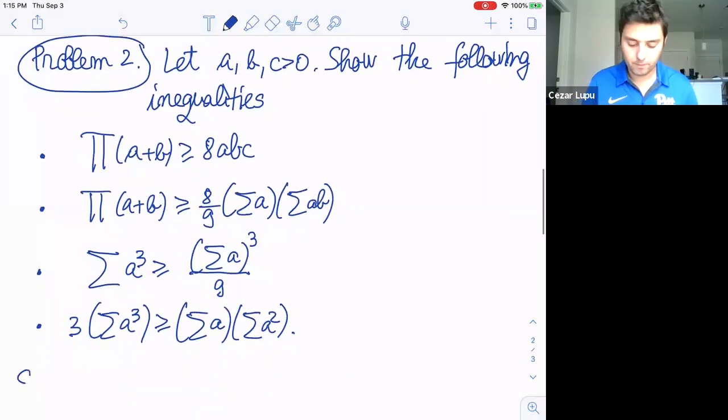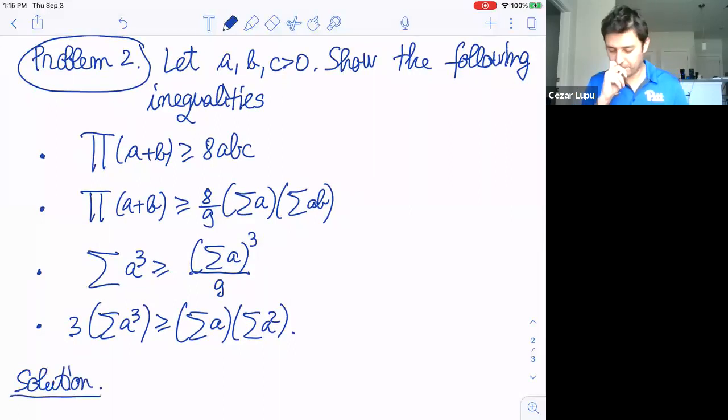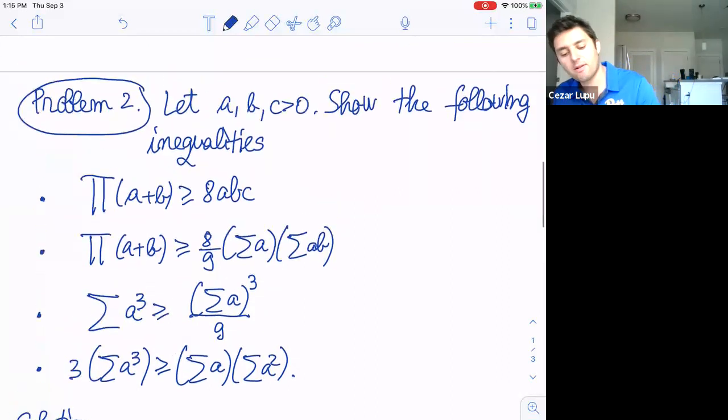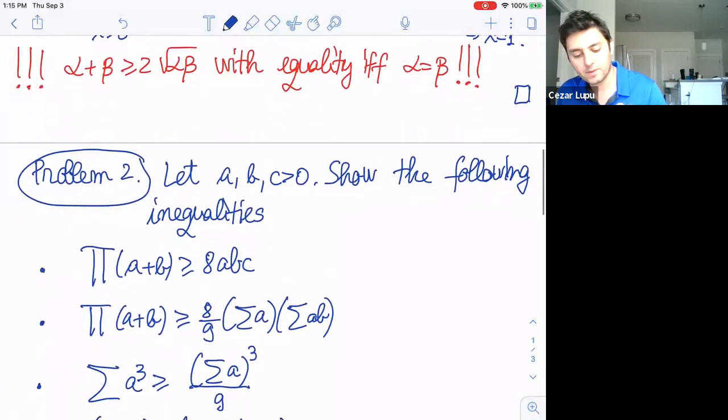So let's see. What did you try here? For the first one, I think I mentioned earlier, the only thing you need to do is just apply the AM-GM. You see, it's written in red there.